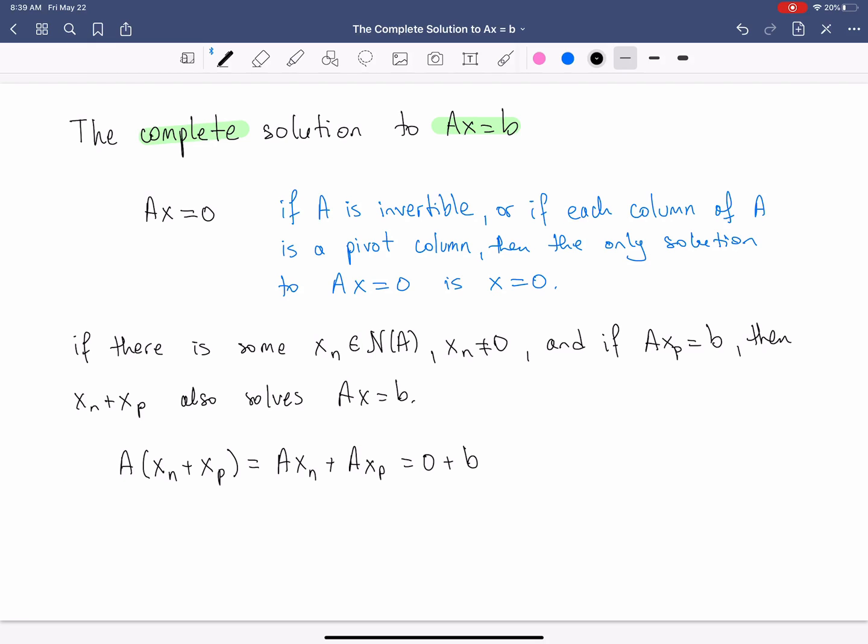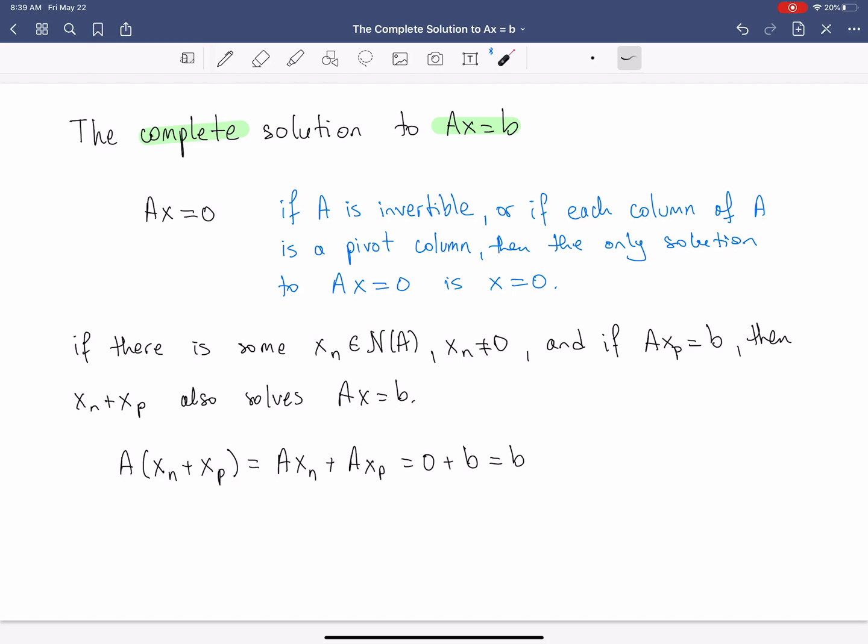Then the sum of the 0 vector plus the vector b is the vector b. So we see that xn plus xp is also a solution. In other words, any non-trivial vector in the null space of A will give us a new solution for the equation AX equals b, provided we have one particular solution.